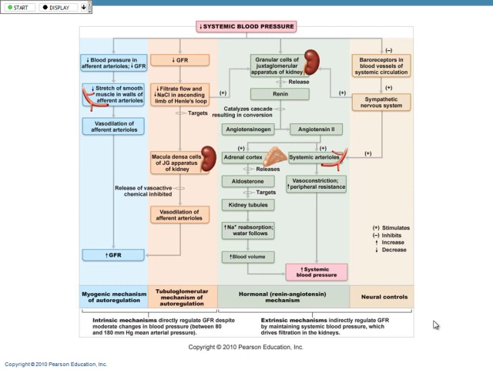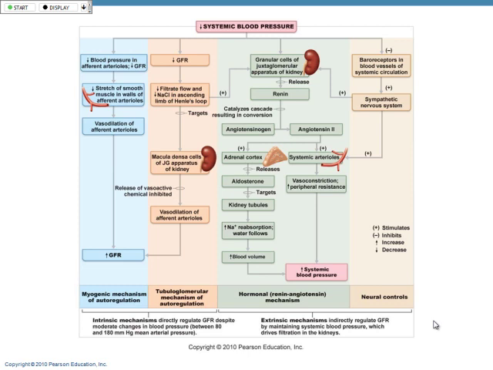The renin-angiotensin pathway, which basically is going to give us an end product of what? Why does that pathway kick in? Yeah, to help regulate blood pressure. Because systemic blood pressure is doing what? Going down.